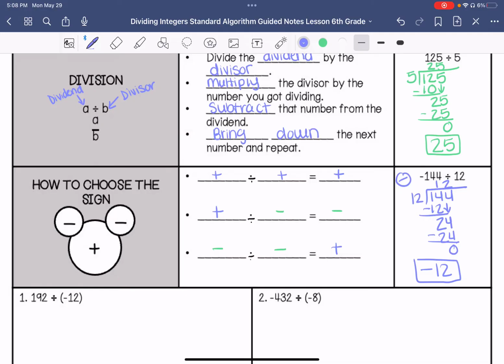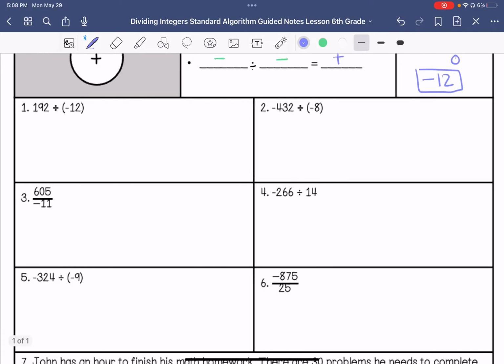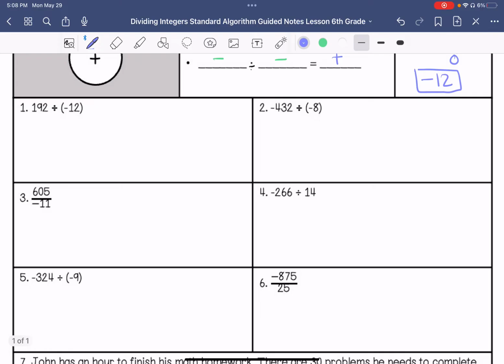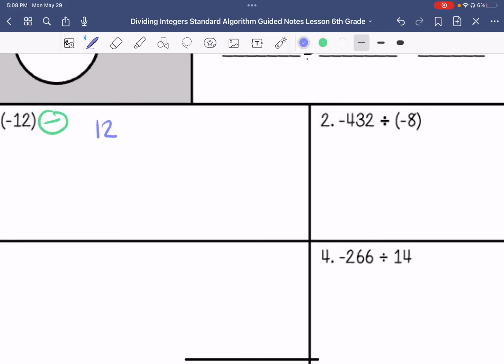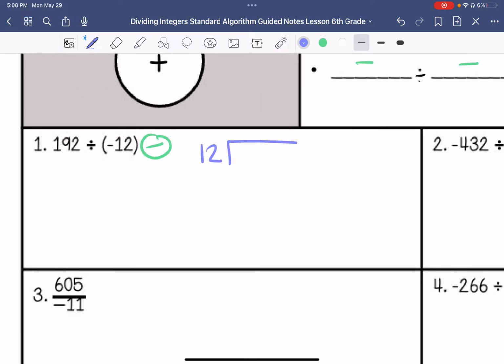All right, let's do the next few problems. All right, I have 192 divided by negative 12. So I have a positive and a negative, so my answer is going to be negative. So I will do 12 on the outside, this is my divisor, and then 192. 12 goes into 19 once. 12 times 1 is 12.